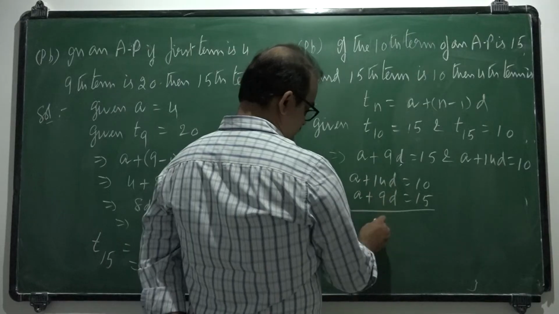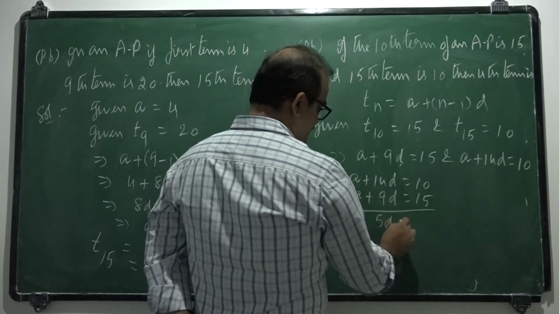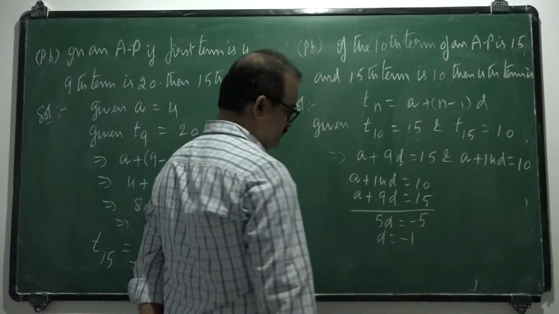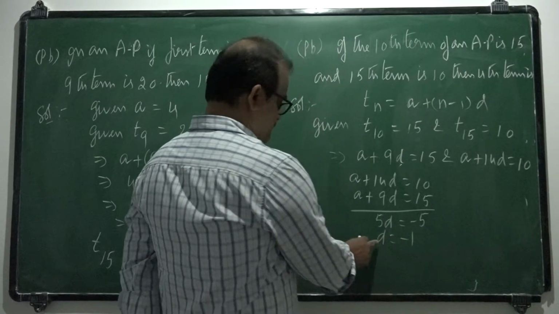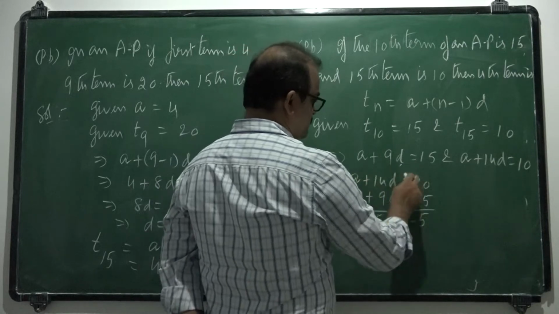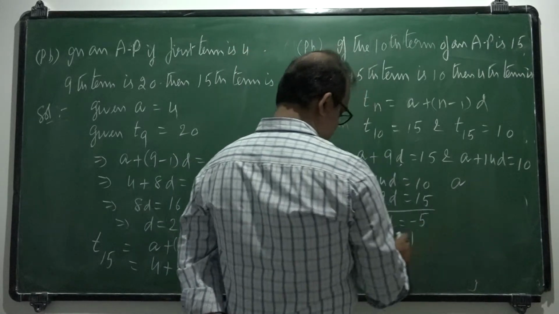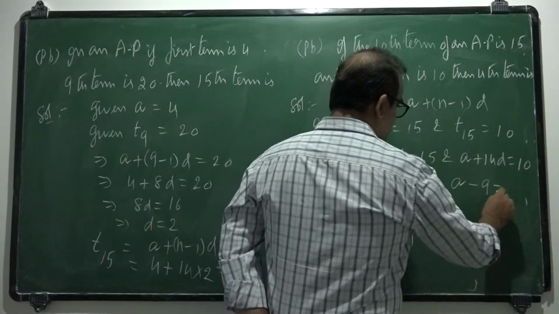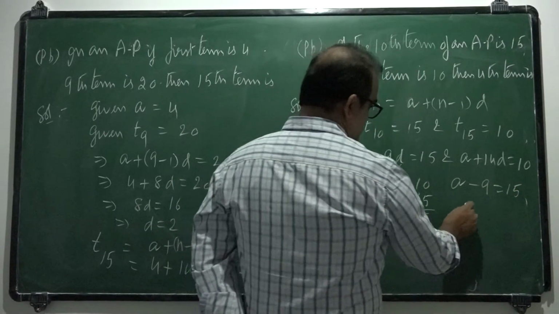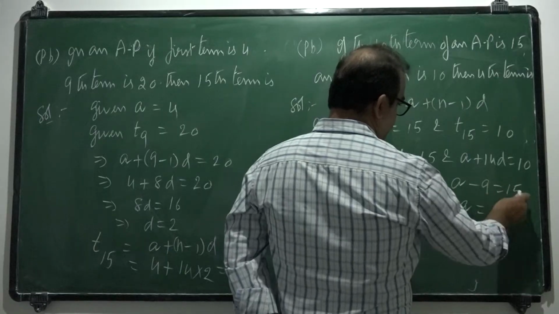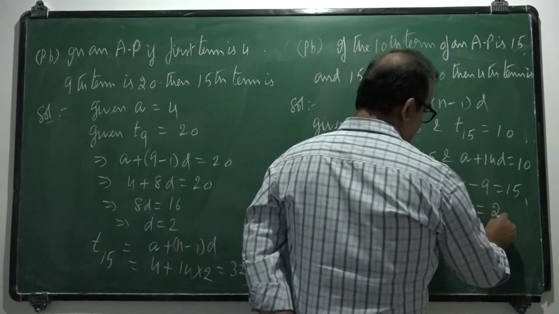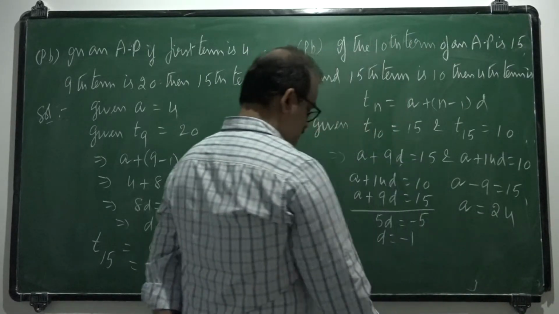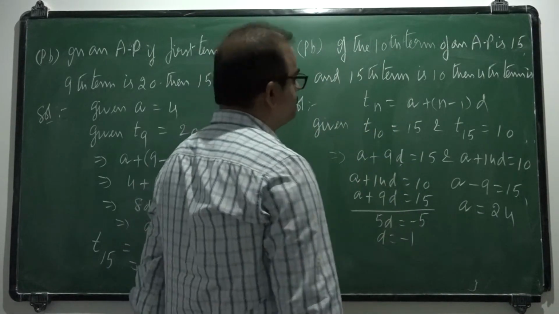On subtracting, 5D is equal to minus 5. So D is equal to minus 1. Substitute the D value in any one of these two equations. A plus 9D, D is minus 1, A minus 9 is equal to 15. So A is equal to 15 plus 9, 24. So first term is 24, common difference is minus 1.